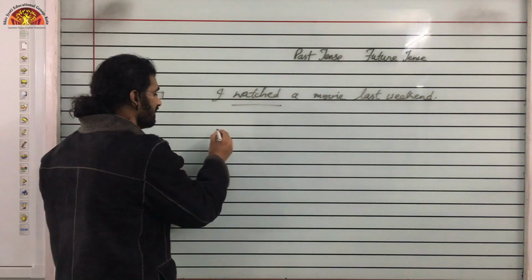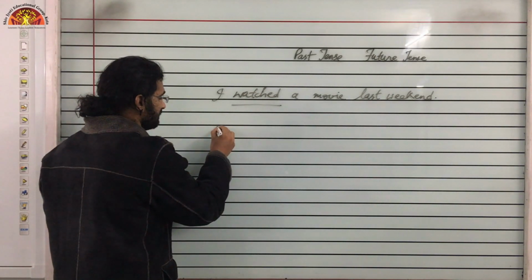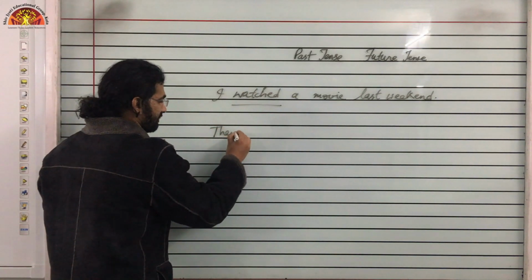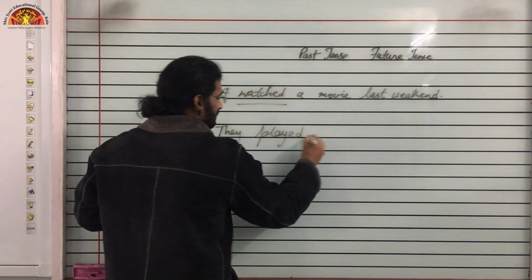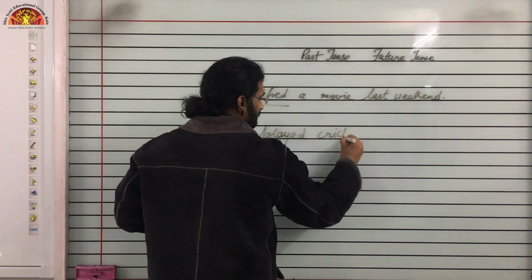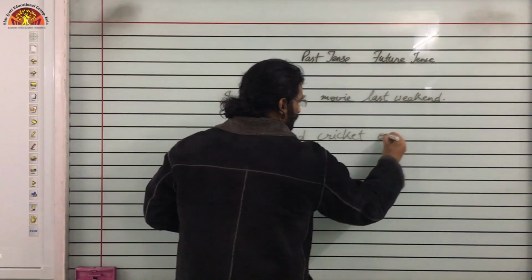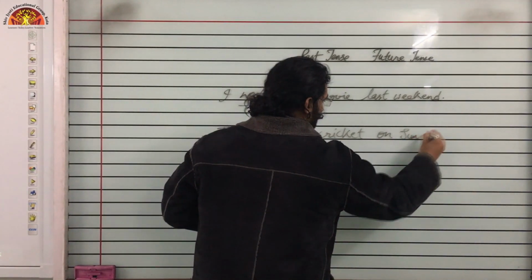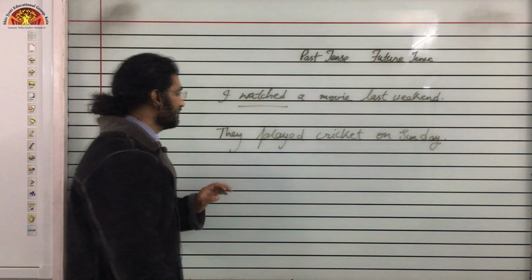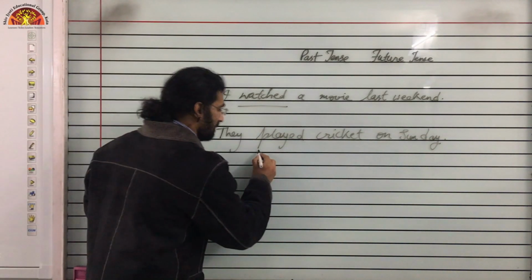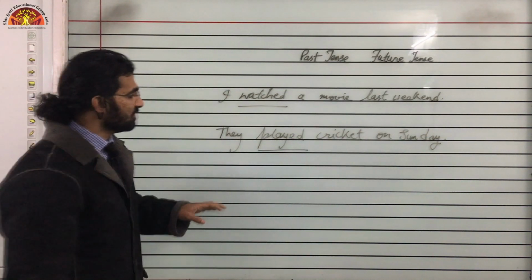Similarly, let's see this example. They played cricket on Sunday. So I need you to identify the form of verb here. Yes, that's right, played. This belongs to past tense.